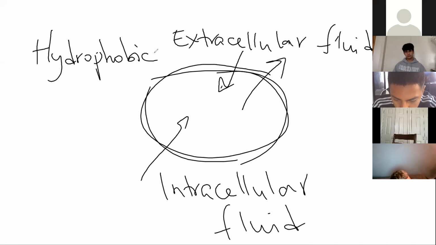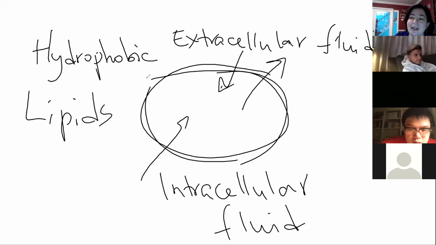What are hydrophobic molecules? Those that don't mix with water. What kind of molecules are they? Lipids? Excellent. Yes, lipids. So the cell membrane has lipids, and the function of the lipids is to repel water.